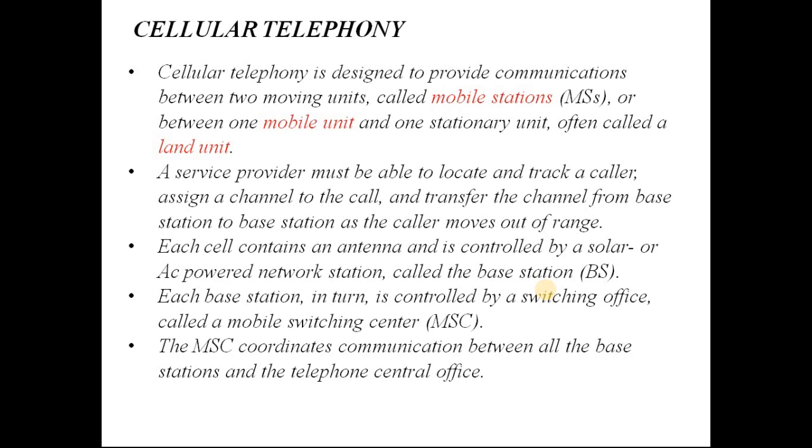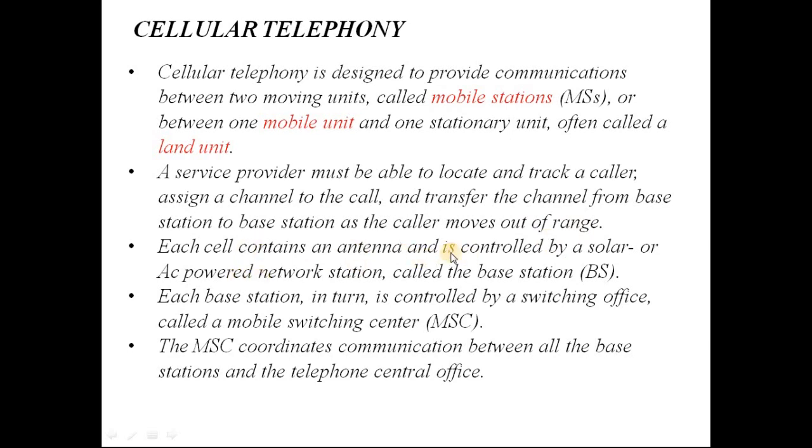So cellular telephony is meant for communication between two mobile phones, where both are movable, or between a mobile phone and a landline, where the mobile phone is movable and the landline is stationary. A service provider must be able to locate and track a caller, assign a channel to the call, and transfer the channel from base station to base station as the caller moves out of range.